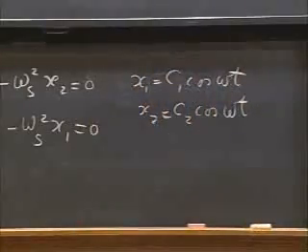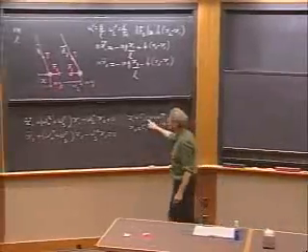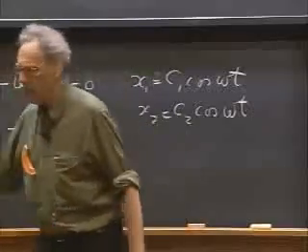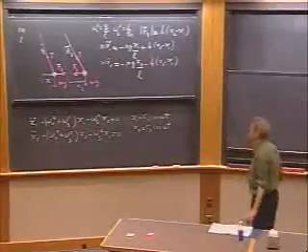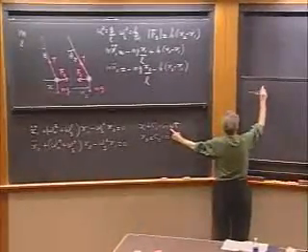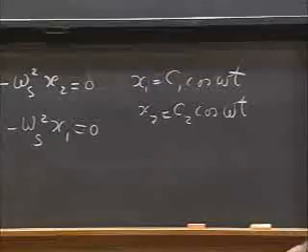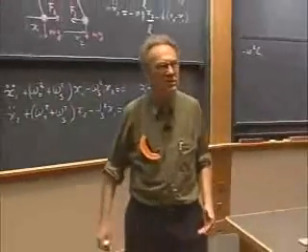We go slowly. I want you to follow each step. I'm going to work up here so that you can see it high. I'm going to substitute this in here, so the x1 double dot will give me a minus omega squared, right, because you get twice omega out, minus omega squared times c1, and the hell with cosine omega t.